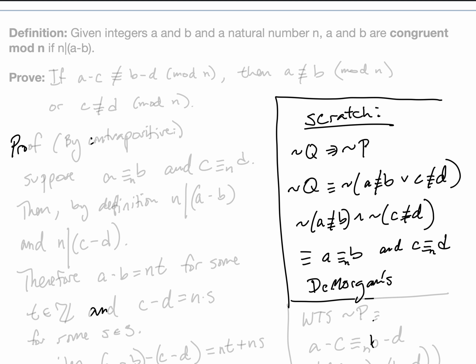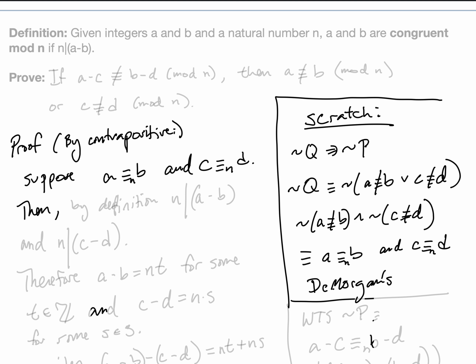So proof by contrapositive. Suppose that A is congruent to B mod n and C is congruent to D mod n. So that is our assumption.